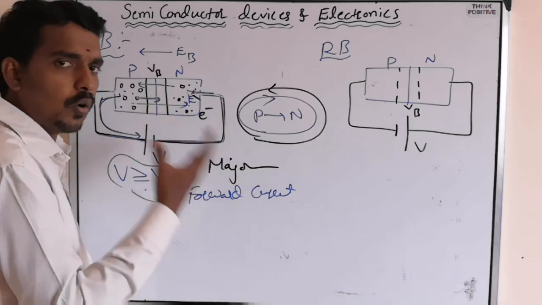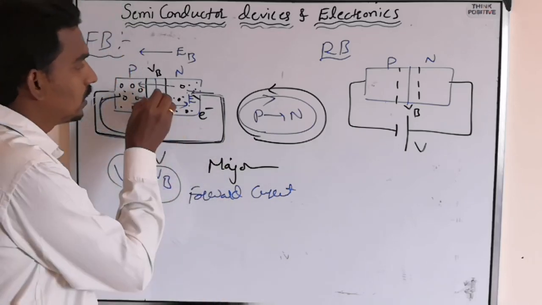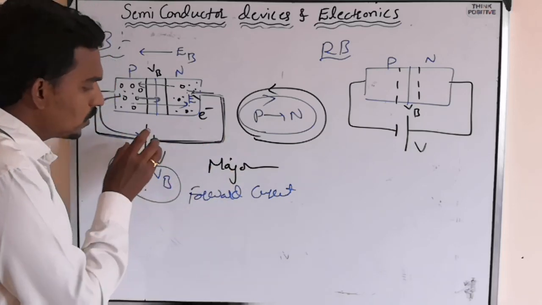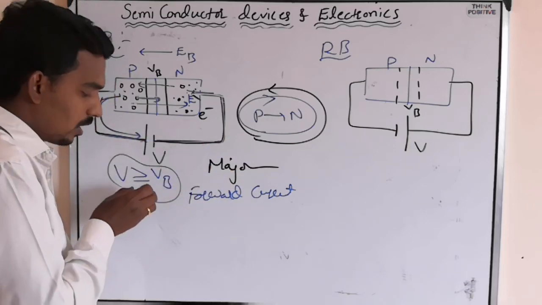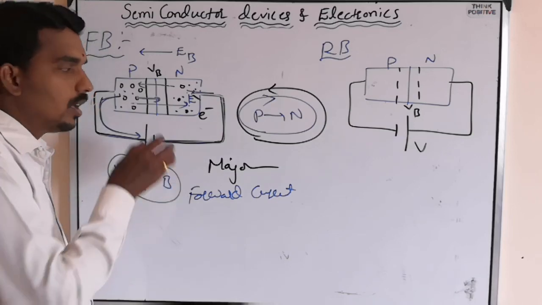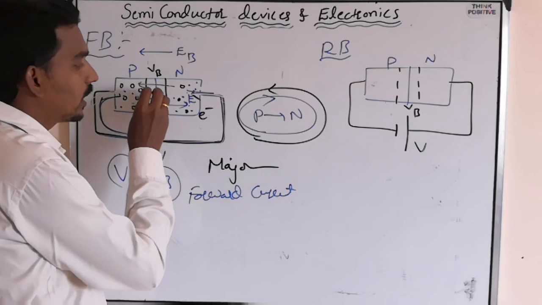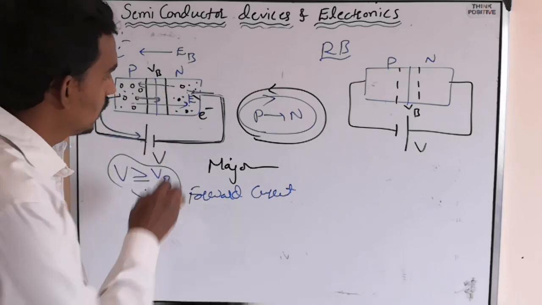Earlier, when there was only the junction diode, this barrier potential was opposing the flow. But now you applied sufficient or more than sufficient potential so that charges can flow through the junction diode. Then it can conduct electricity.